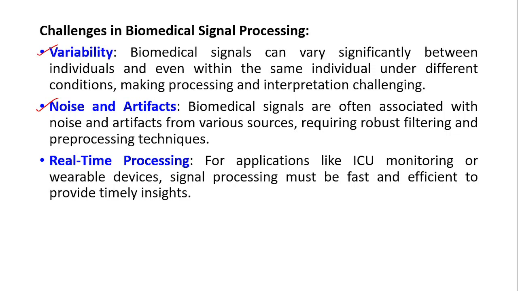That noise is due to human error, and hence it is called an artifact. So any unwanted signal component incorporated in your signal due to man-made errors is called an artifact. This is the difference between noise and artifacts.